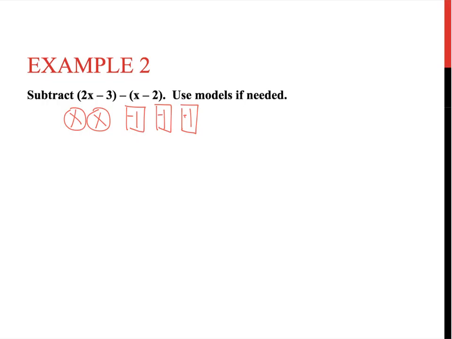And now we have to subtract an x. So let's cross out one of those. And we have to subtract negative 2. So negative 1, negative 2. What's left over? We have x and a negative 1. So that's our answer. So now let's do it without the model.